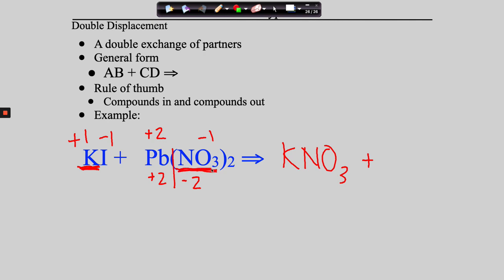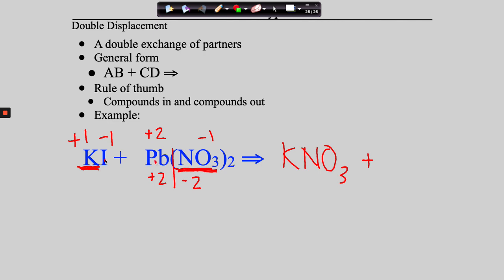Yeah, there's 2 of them, but we don't care. If this is +1 and if this is -1, we only need one of each, and that's this. Yeah, so like if potassium was +2, then it would be KNO3 in parentheses 2, just like the good old days. Watch this. Lead is +2.